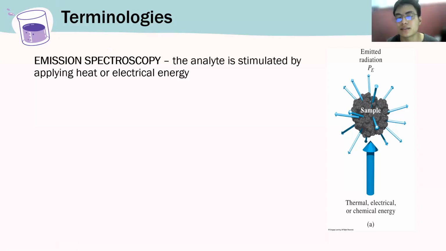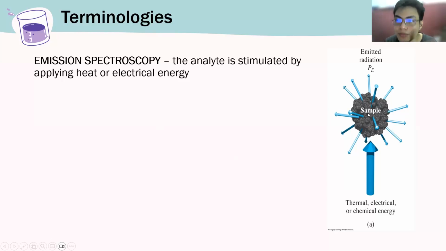It emits, and by quantifying that emitted light, you're doing emission spectroscopy. So for example, this is your sample, you provide energy with it using thermal, electrical, or chemical energy, mag-glow siya. Emission spectroscopy.